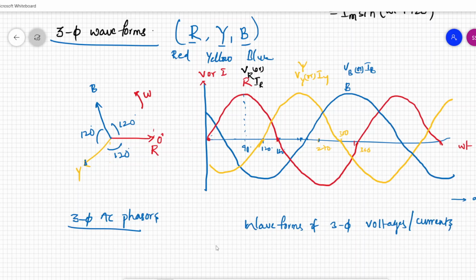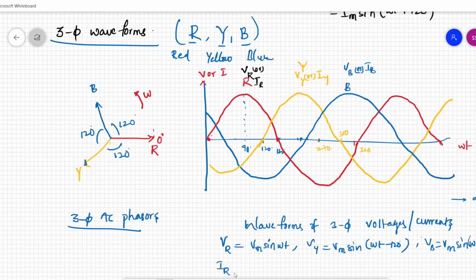Okay, so I have already told you VR is the reference, Vm sine omega t. Vy is Vm sine, coming after 120 degrees. Similarly, Vb is Vm sine omega t coming after 240 degrees from VR.